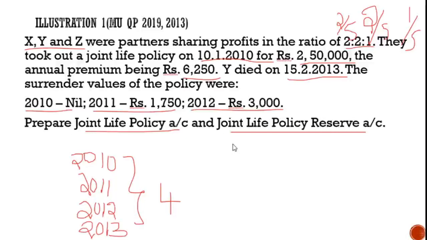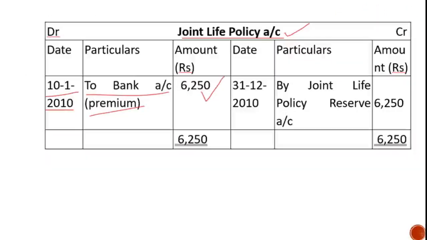If it were a financial year, maybe 31st March is the year end, then they would have given 2010-11, 2011-12, 2012-13. But since the full year is given, we'll assume that it is the calendar year. So since we have assumed that it is the calendar year, 31/12/2010 we have taken as the end of the year.